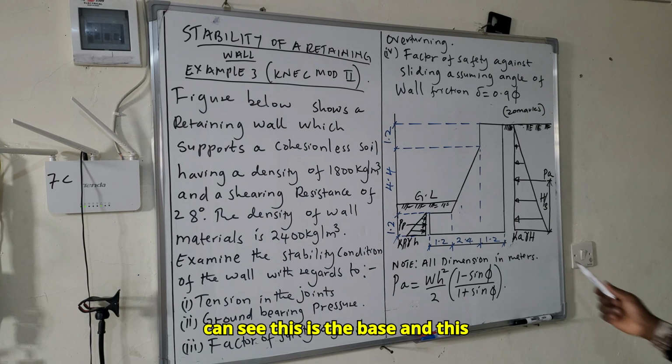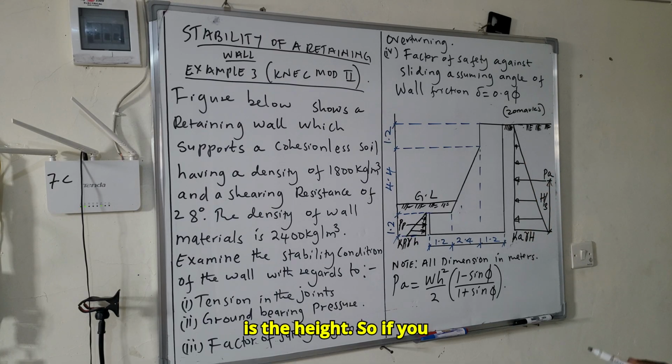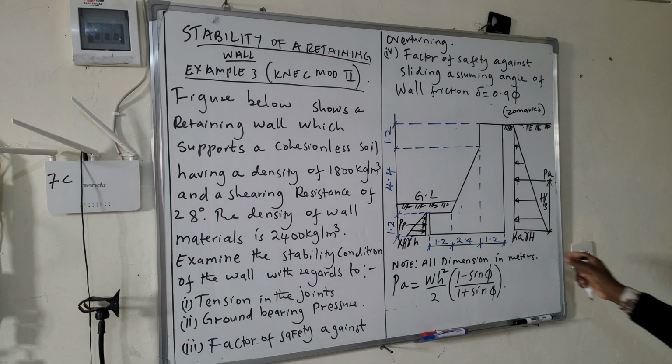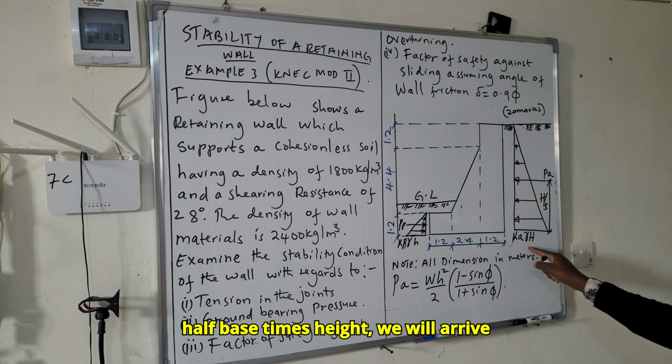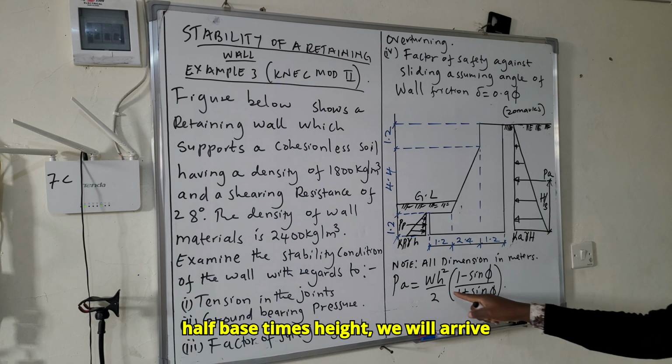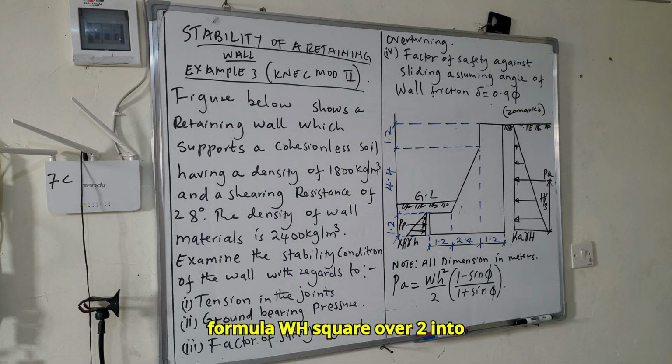As you can see, this is the base and this is the height. If you take this formula, a half base times height, we will arrive at this formula: W H square over 2 into bracket 1 minus sine phi over 1 plus sine phi.